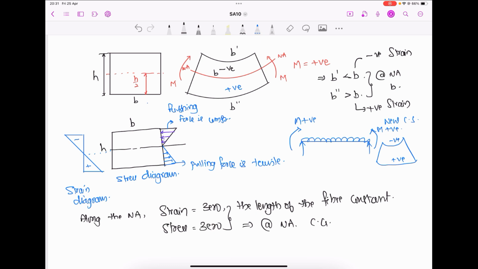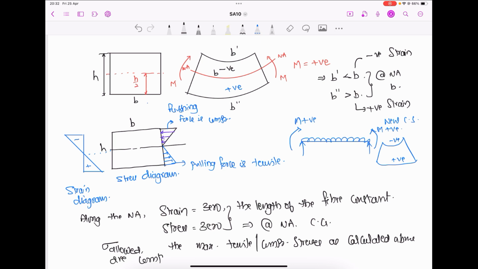Then from the code we will get sigma allowable, the maximum tensile or compressive stresses as calculated above compared with code values. And for example, my point is here.